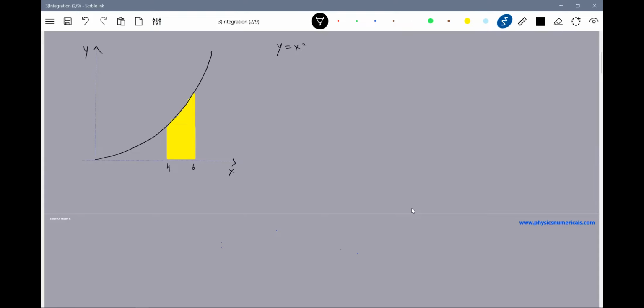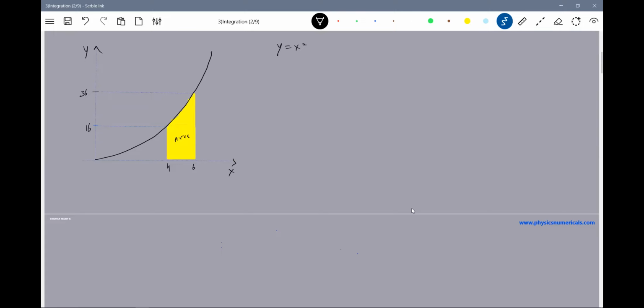Correspondingly, we'll calculate. If x equal to 4, y will be 16. If x equal to 6, it will be 36. Now the area under this curve is needed. This yellow colored area has to be determined.